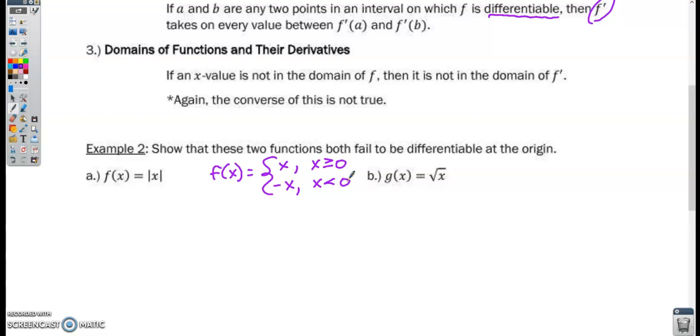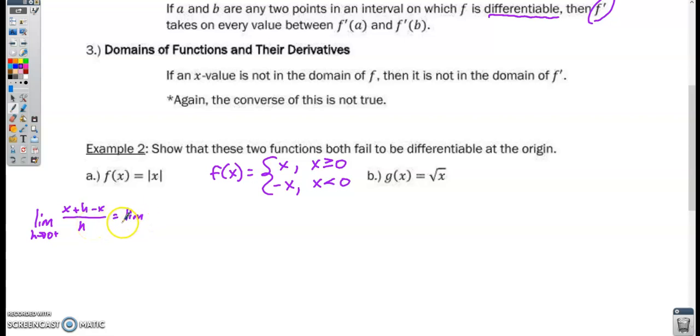And so in order for this to be differentiable at the origin, I would need the limit, and let's see, how should I do this? Let's do the limit as h goes to 0 from the right of f of x plus h minus f of x all over h. This takes care of the top branch.